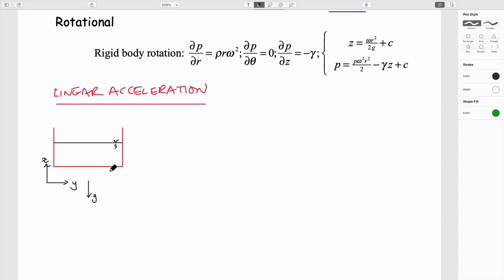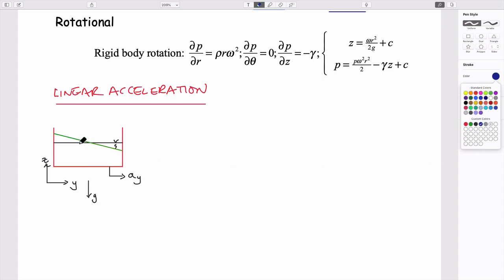What we'd like to be able to do is apply some acceleration in the y direction to this. From everything that we could imagine, we might think that the fluid level would look like this. And there's a couple of things that we'd like to figure out.